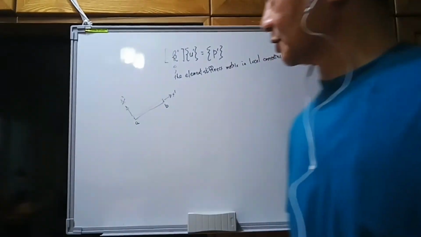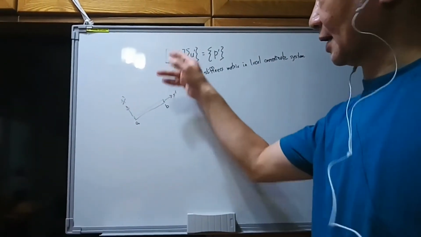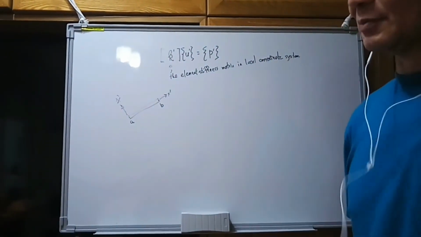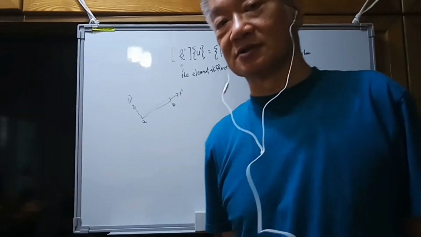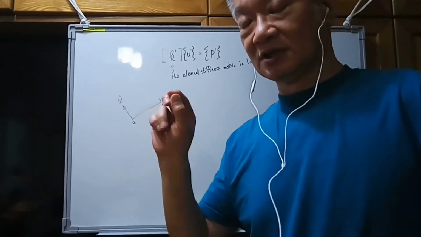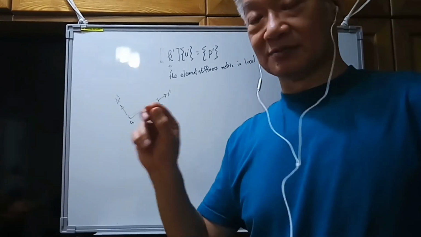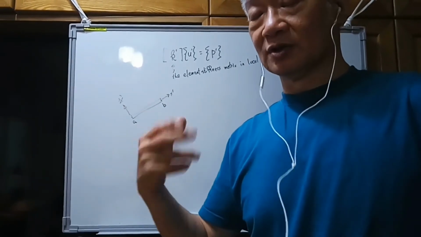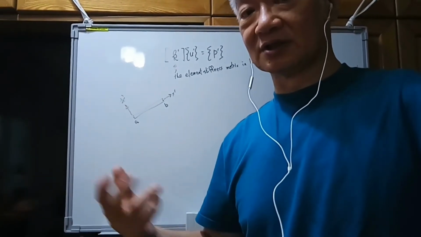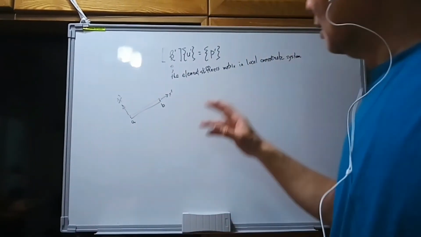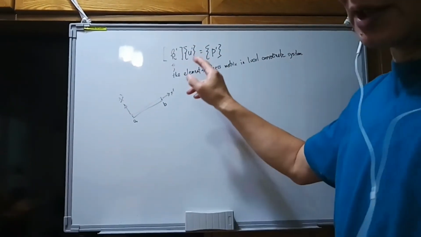Okay, so that's why we like to derive the element stiffness matrix first, since we can pick out the important displacements for our considered deformations.